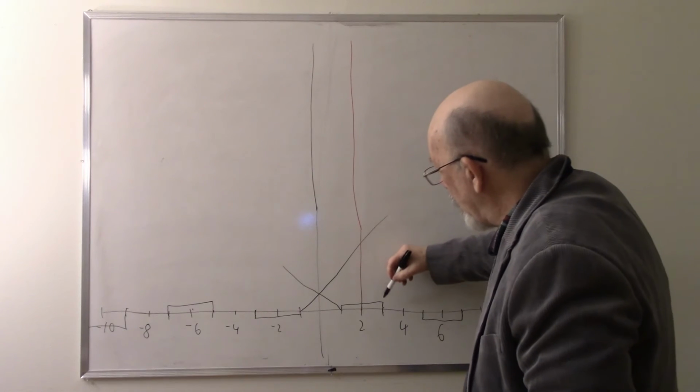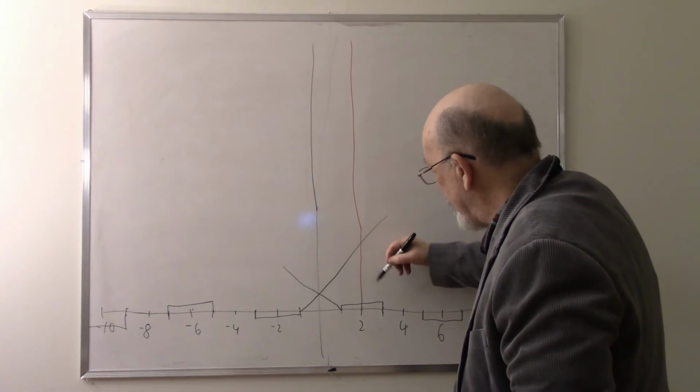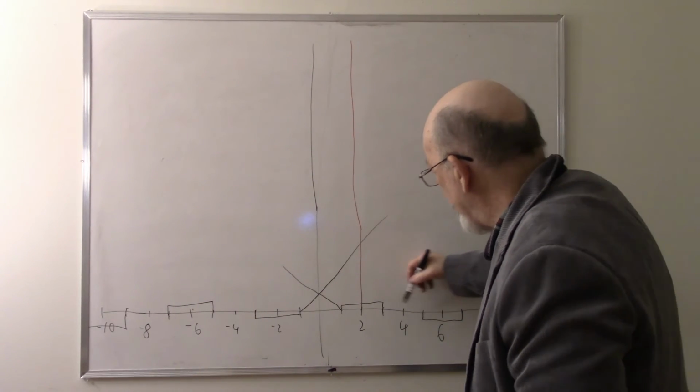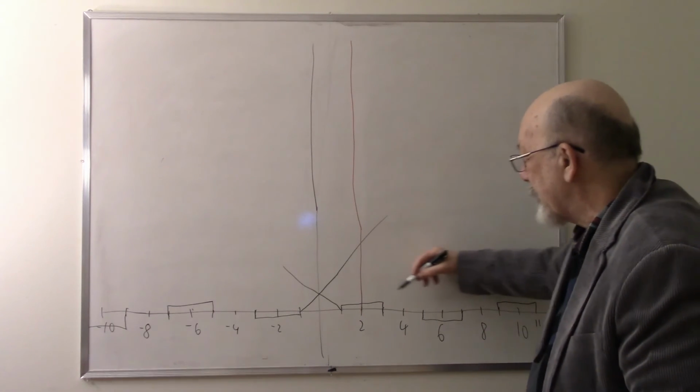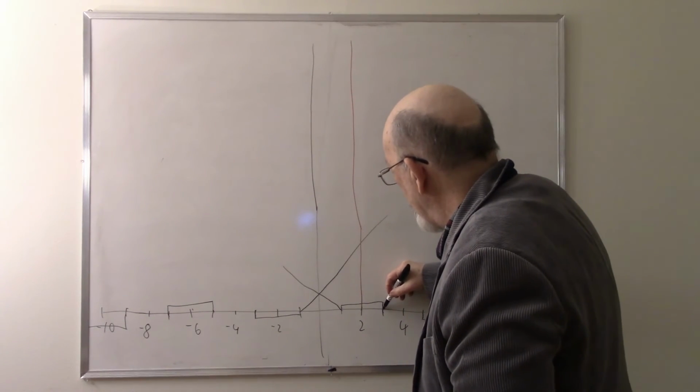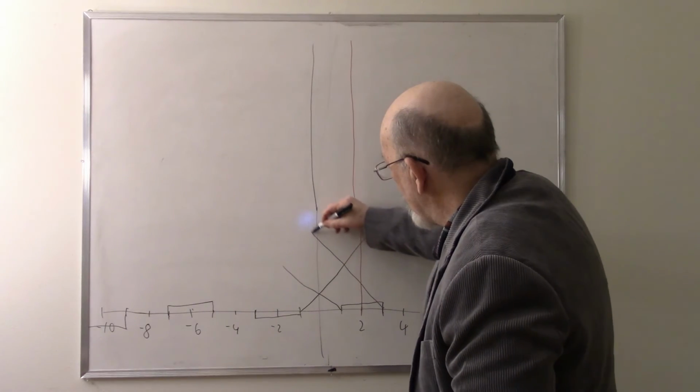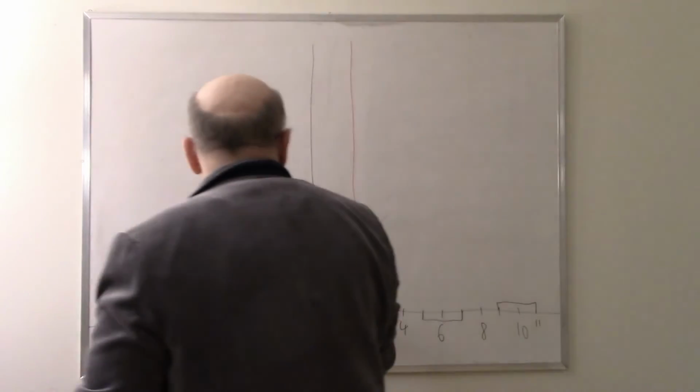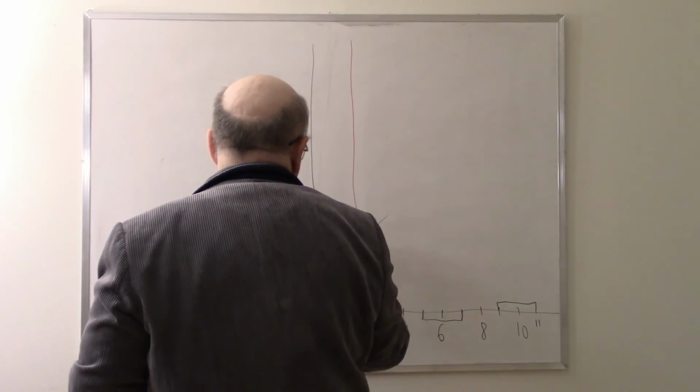So first of all, we draw the characteristics through all the points of discontinuity of the initial condition. This goes like this, and this goes like this.